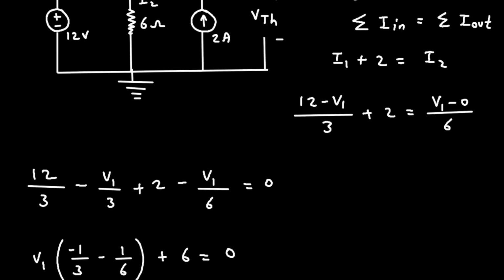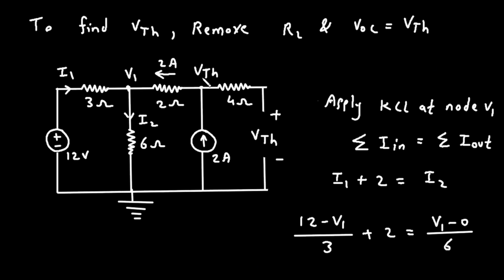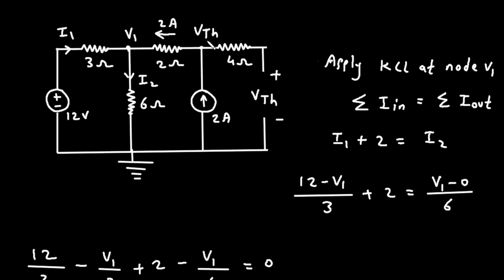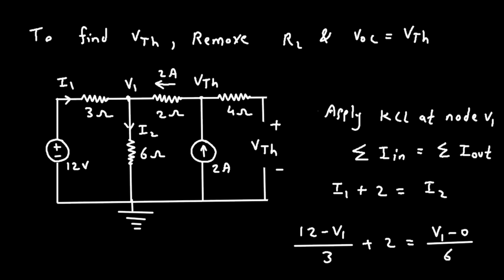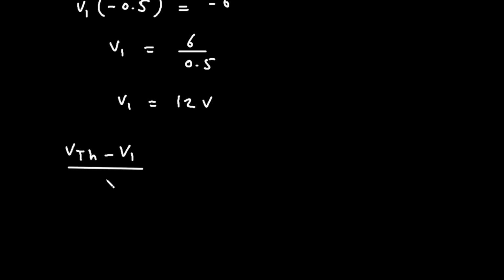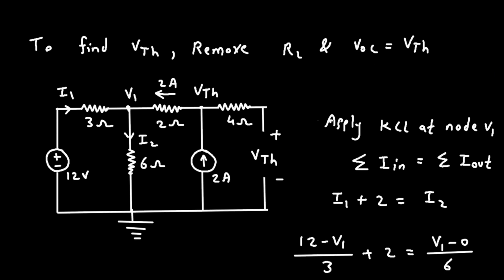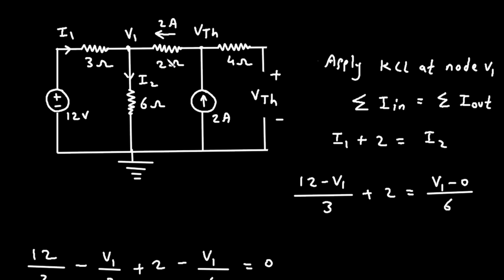Now since we got the value of V1, but here we have to find the value of VTH. Now here VTH minus V1 divided by 2 ohm is equal to 2 ampere.